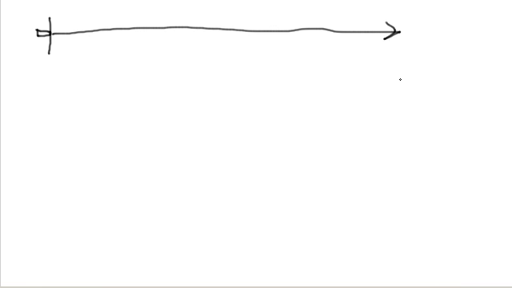Let's see, we've got a car, a start line, and here's my positive x direction. This is x equals 0, and the car itself has a velocity at time 0 that I'll call v0.